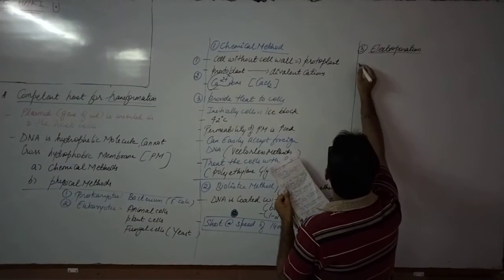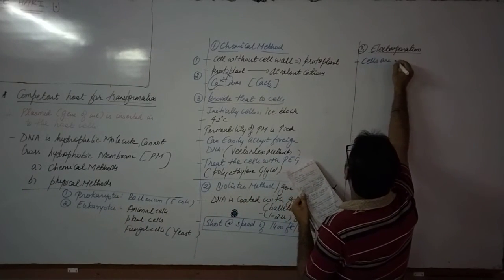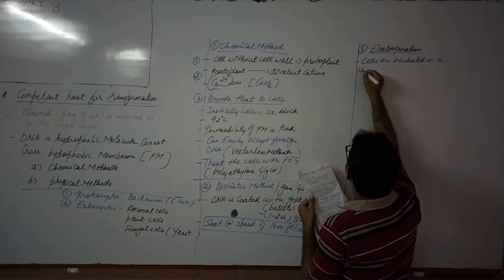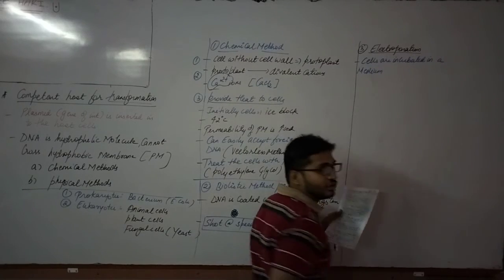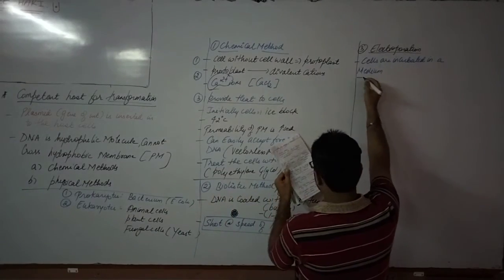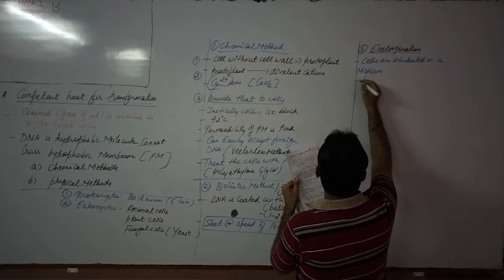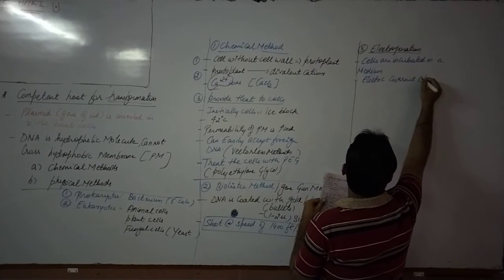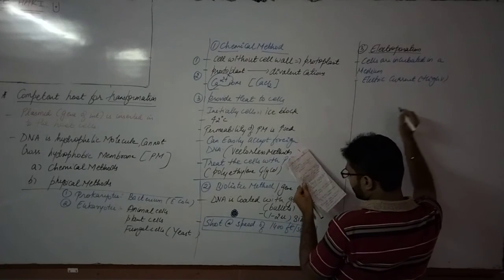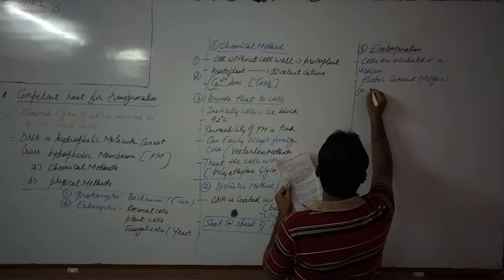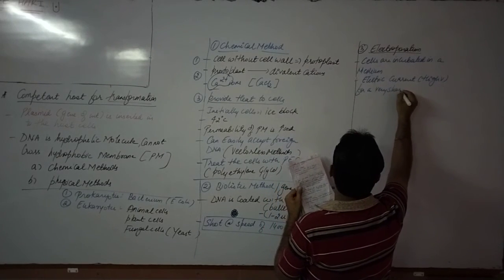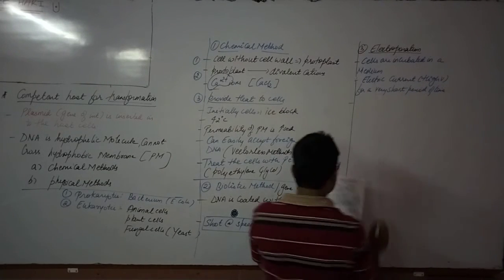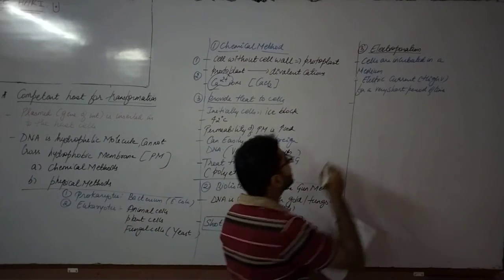So in electroporation, cells are incubated in a medium, of course a neutral medium, and then electric current with very high voltage for a very short period of time is applied, and because of this, minute pores are created in the membrane.